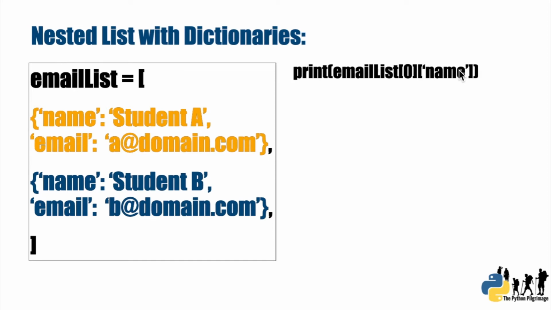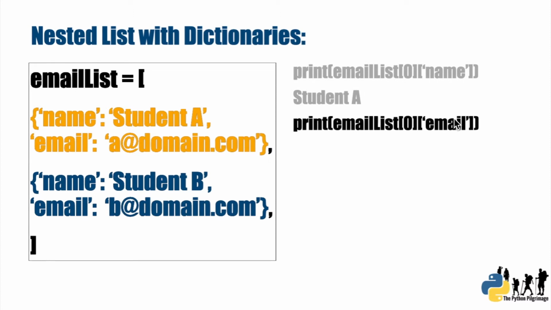Since we are working with dictionaries, we need to specify the key of the item that you want to print out. So in this case, you'll end up with student A. If you want to print out the email of student A, you need to do email list, then specify index 0, and then specify the key of that dictionary. So we'll end up having a@domain.com for that.